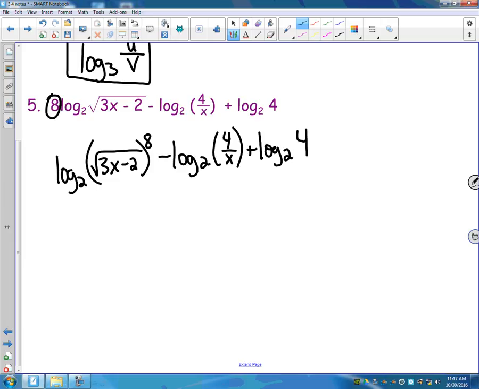And since they're all log base 2, I want to put it all back together. Some people see that log base 2 of 4 at the end, that you could actually evaluate that and maybe break up the middle one. We could do that too if you want. So there's more than one answer that we could get here, but I'm going to go with just putting it all back together, and then maybe in class, or if you could try this, see if you could get a different way of doing this.